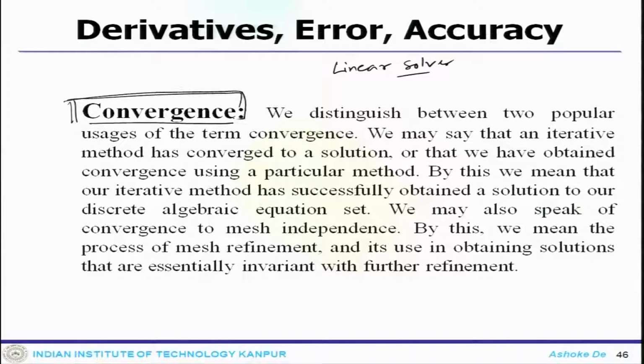So, in both cases you can actually speak of the convergence of the solution. So, when you say convergence, it can be meant for both cases, the solution of the linear solver or the solution of your mesh refinement or grid refinement test.